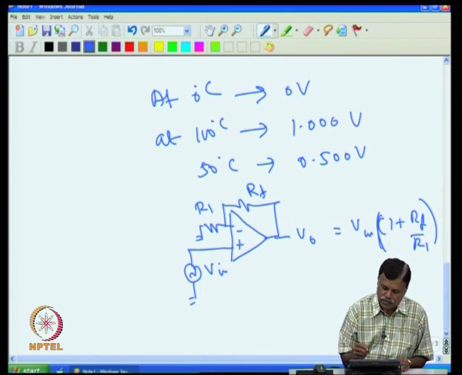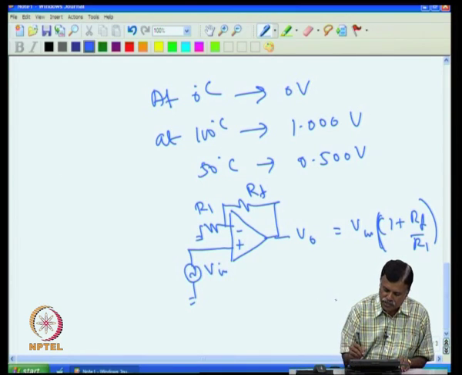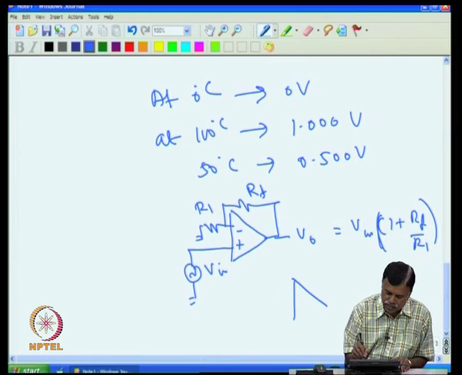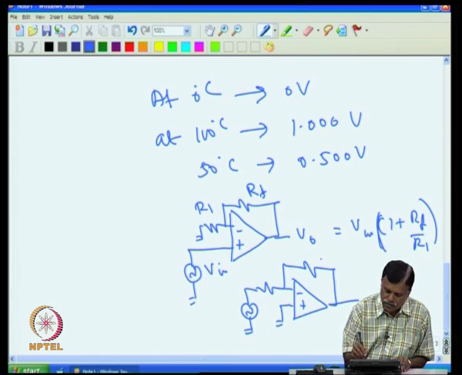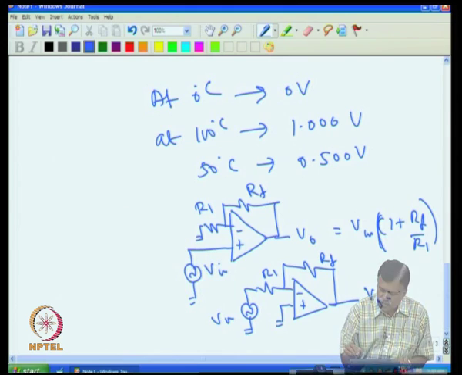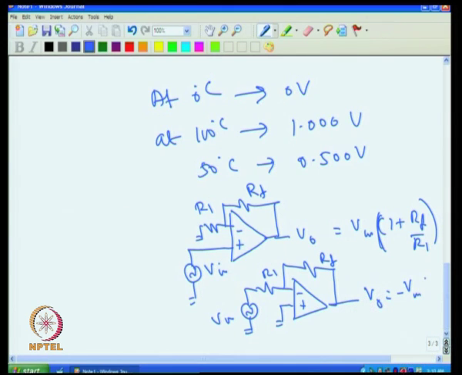Now, if you are using it as an inverting amplifier, then the circuit looks like this: I give an input here, ground this, and then give the input at this point, then connect the feedback resistance. Then you have RF and R1 and Vin, and you will get V0 as minus Vin into RF by R1.